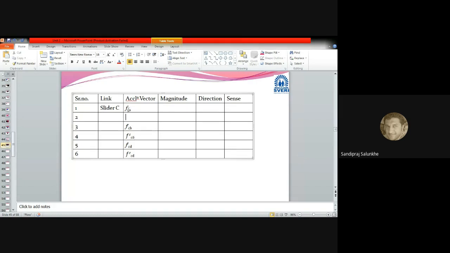That is nothing but acceleration of C with respect to A. Acceleration of slider with respect to stationary point.